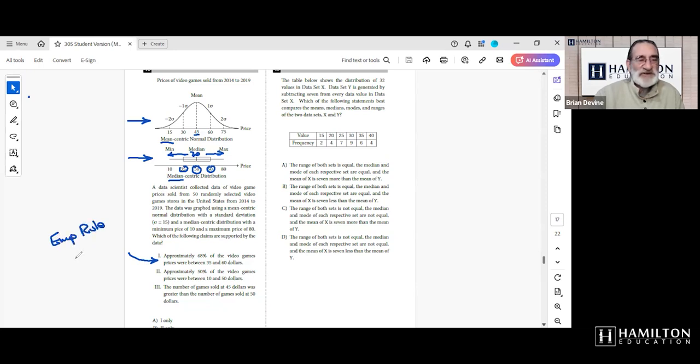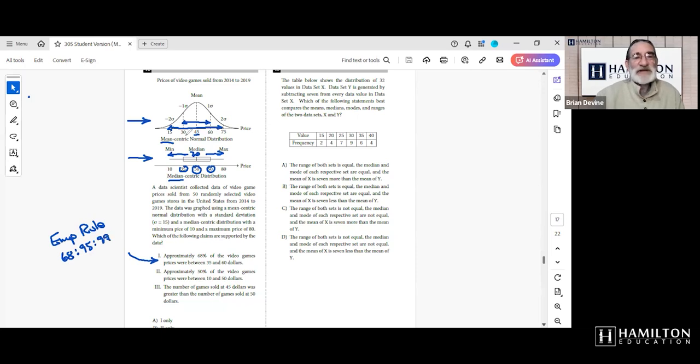For a normal distribution, it says that within plus or minus one standard deviation, 68% of the data is found. Within two standard deviations, 95% of the data is found. Within three standard deviations, 99.5. So this is often called the 68, 95, 99 rule.